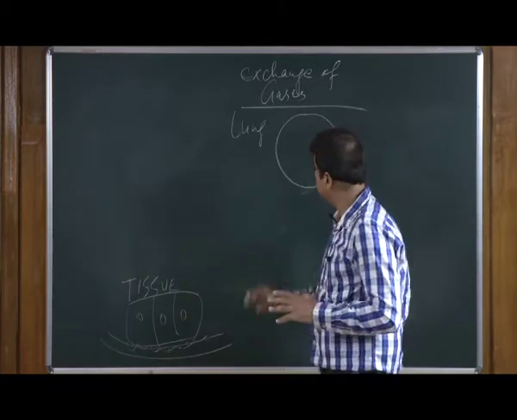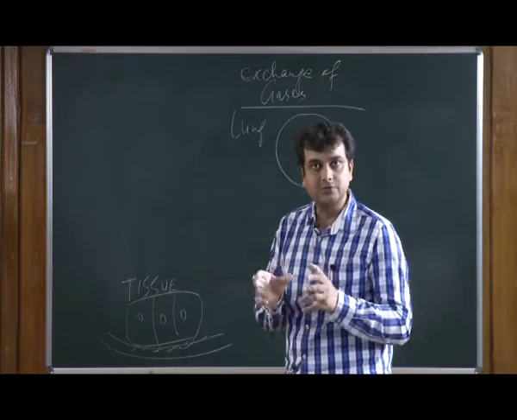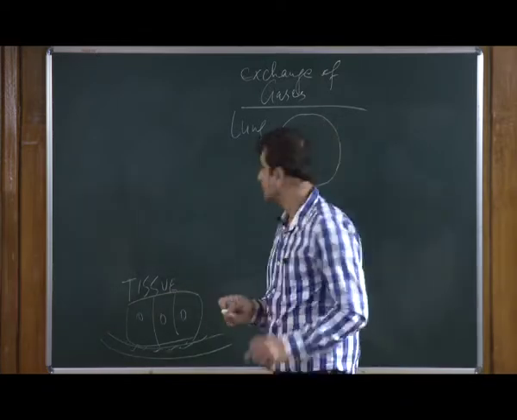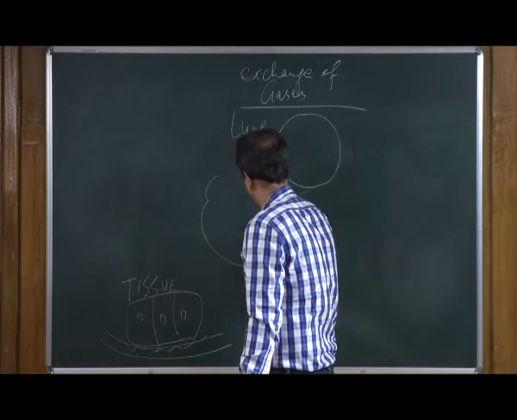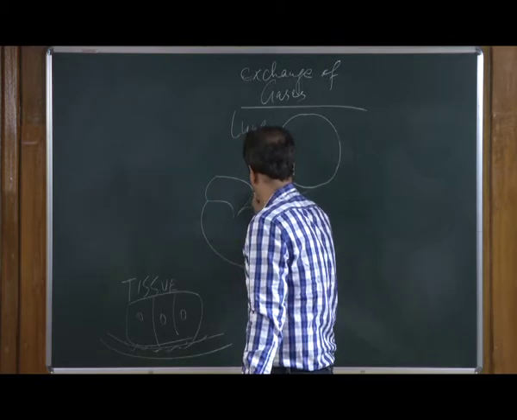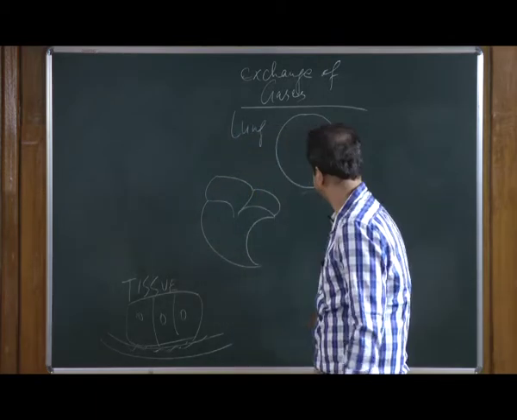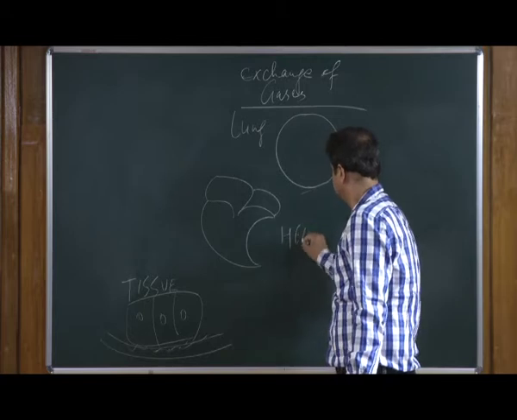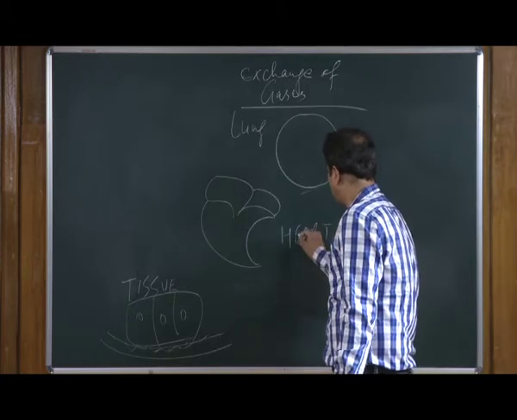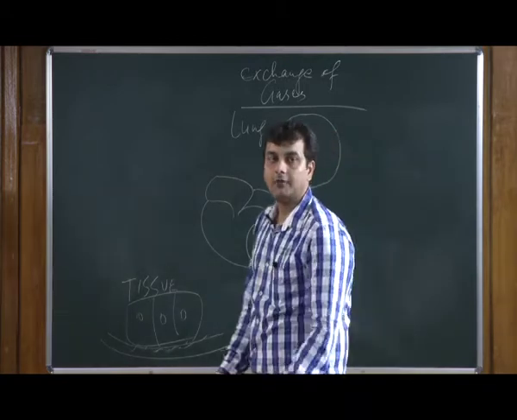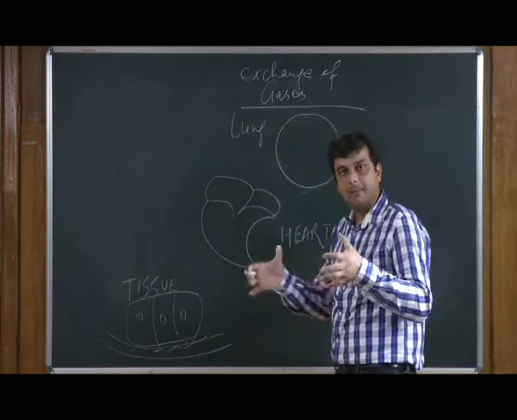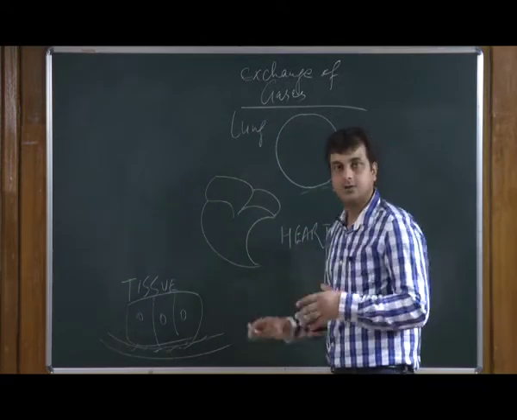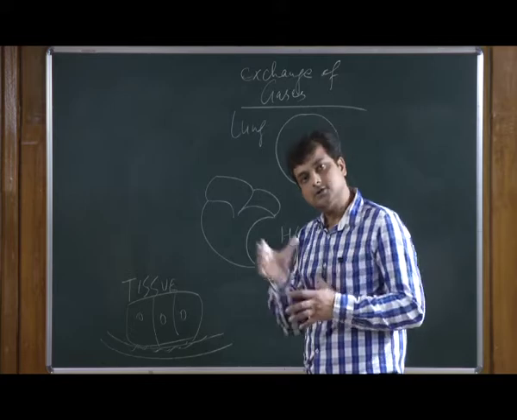Now there is an additional organ which we need to understand here, which we call the heart. Now the heart is an organ of the human circulatory system. So the heart is the pumping organ that can pump the blood to different organs and also to the lung.